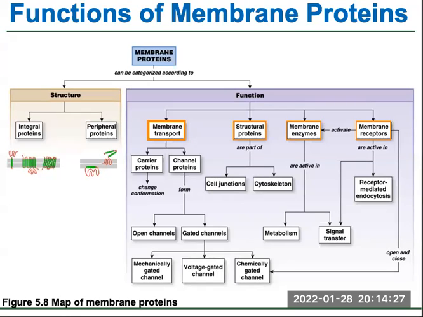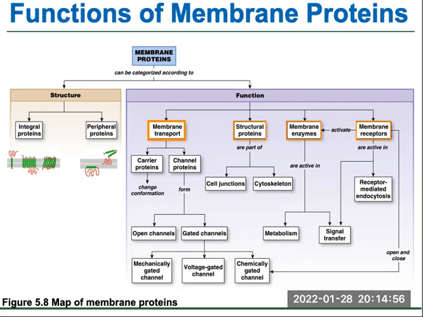If we classify based on function, we've got structural proteins, not to be confused with classification by structure. We also have a class called the membrane enzymes. We also have membrane receptor proteins, and membrane transport proteins. These groupings, as you'll soon see, are not completely distinct.